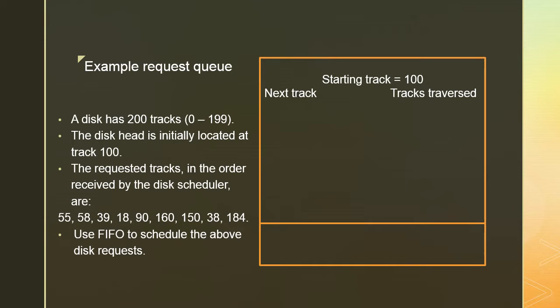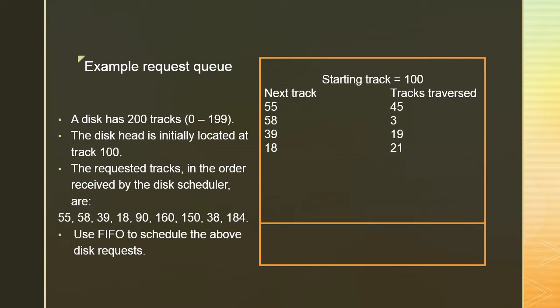So the starting track is 100, and from track 100 the head goes to track 55 and covers 45 tracks. Then it goes to track 58 and covers 3 tracks. Then it goes to track 39 and covers 19 tracks. Then it goes to track 18 and covers 21 tracks.